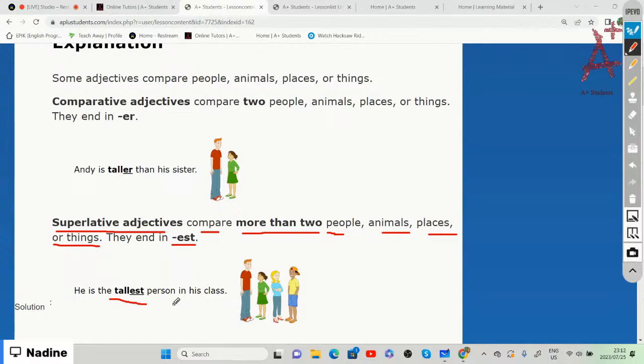No. Remember, we are comparing him, and that is why we call them adjectives that compare. And if we compare him to everybody else in class, then our adjective ends in est. For example, he is the tallest person in his class.